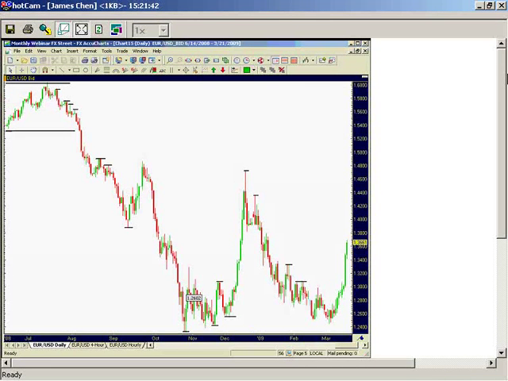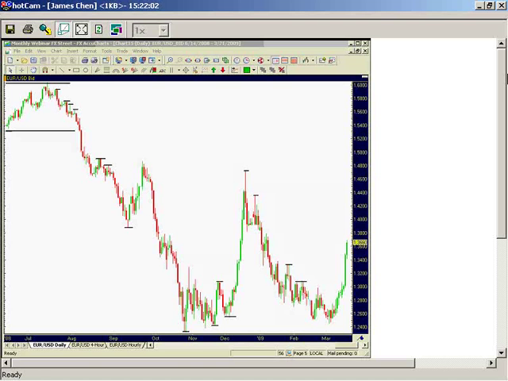Okay, let me just answer a few of these questions here. The question: do you need to wait for confirmation of the current candle before making a play? In day trading, it's harder to look for confirmations. The main principle I'm looking for is price action in the direction of the trend.